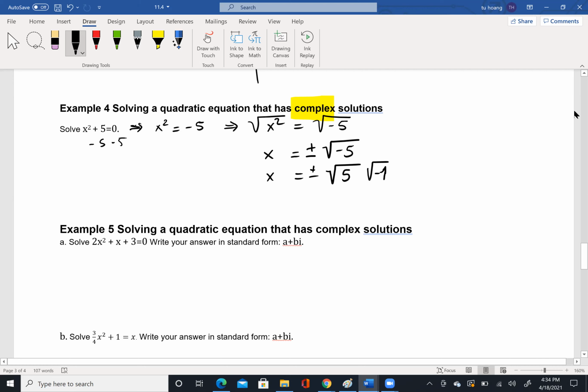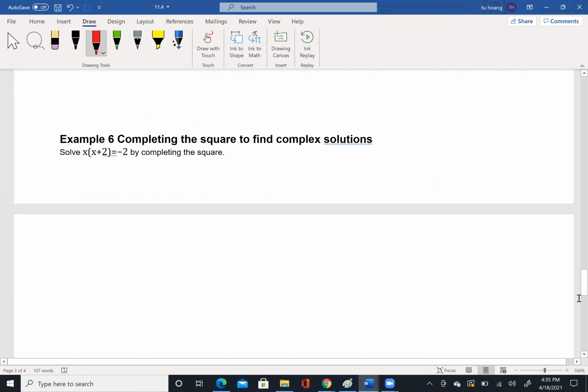Remember that the square root of -1 can be rewritten as i. So we still have two answers, but in this case it becomes a complex solution.